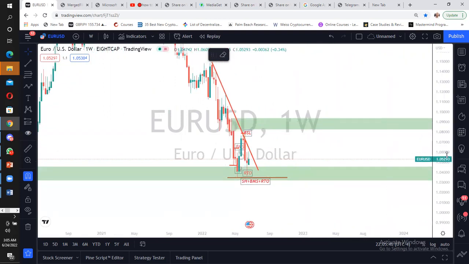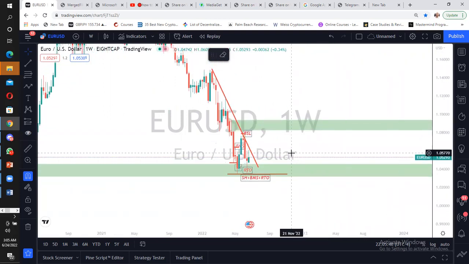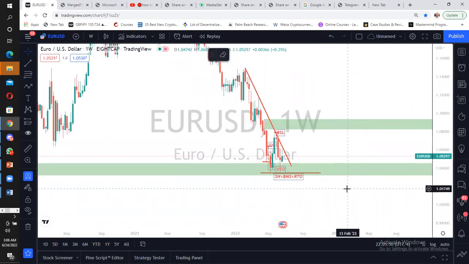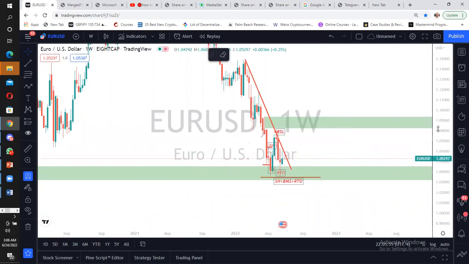And if you watch here, you will see that in daily also, in weekly also, we have another fair value gap. And let's put it out so we can see the weekly fair value gap. Very small one.